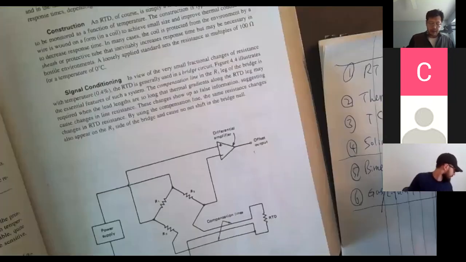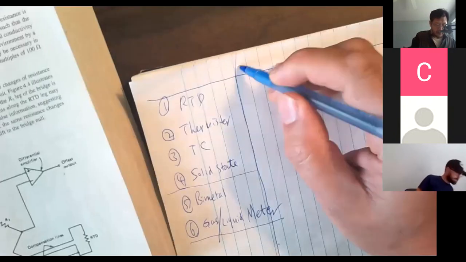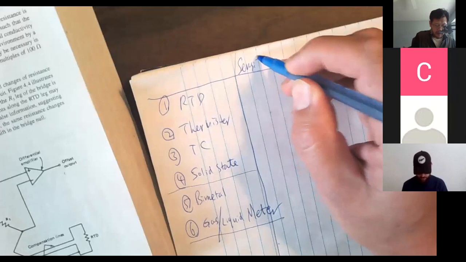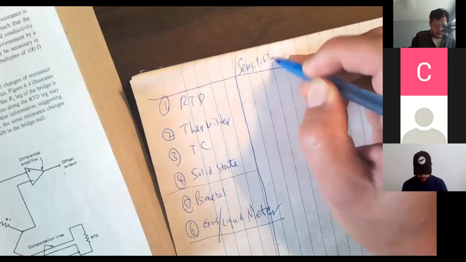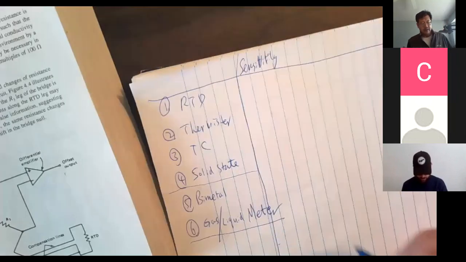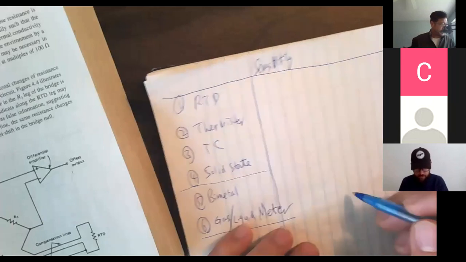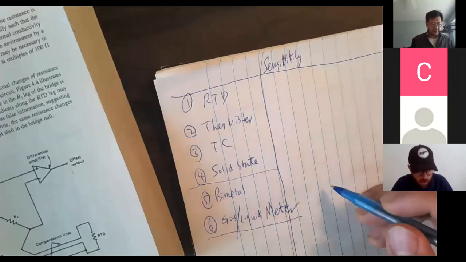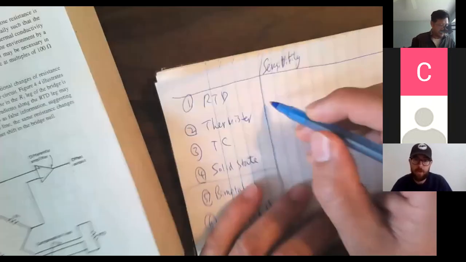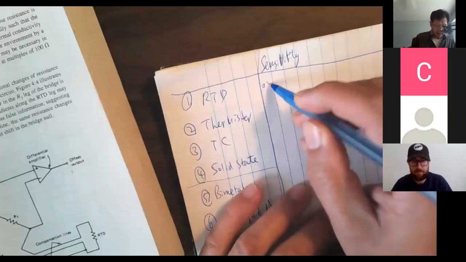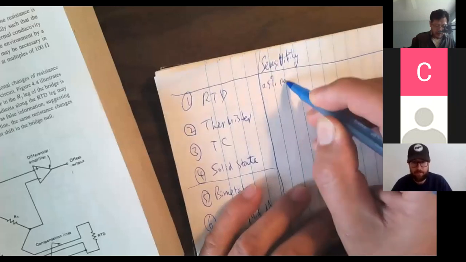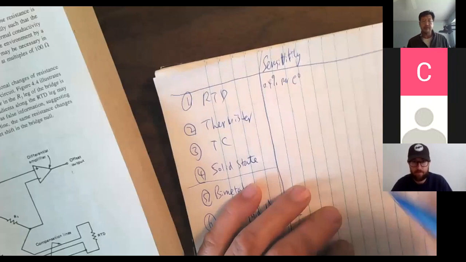So we will go through a couple of categories. First is the sensitivity. The sensitivity of this type of sensor is not very good, actually. It's about 0.4% per Celsius degree.